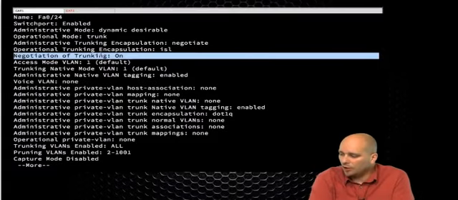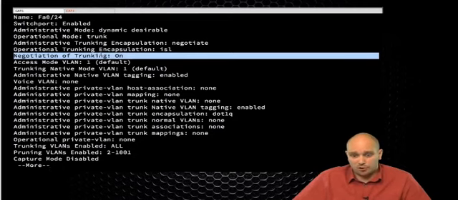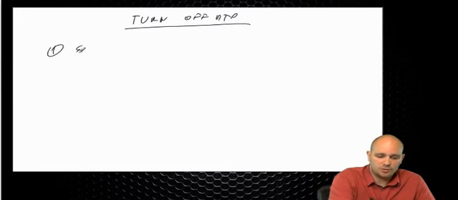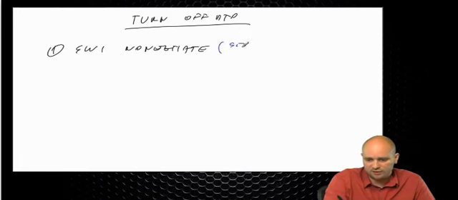What I'm hearing here are answers along two lines. One is switchport nonegotiate. So let's just write these down. Turn off DTP. So we have switchport nonegotiate, and this is something that you would use on static trunks.